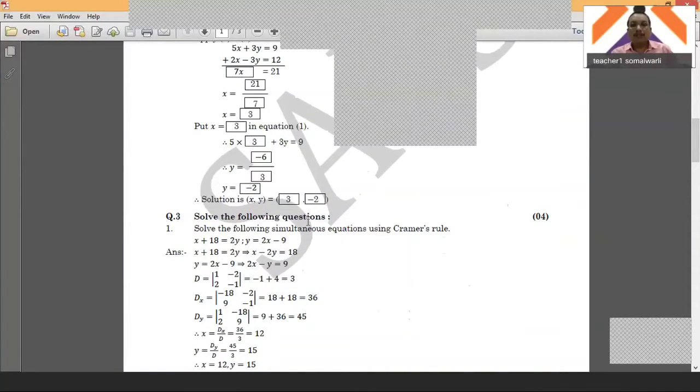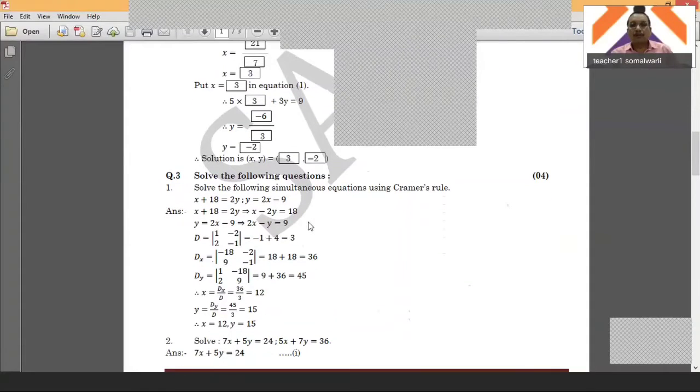If I take the third question, solve the following questions. First is, solve the following simultaneous equations using Cramer's rule. To apply Cramer's rule, first of all, write or express both the equations in the form of x term, y term is equal to constant.